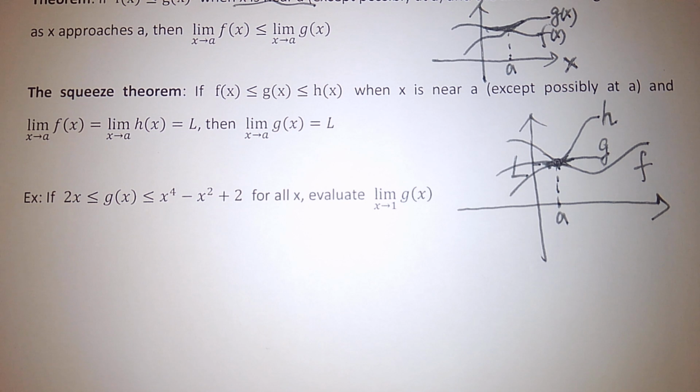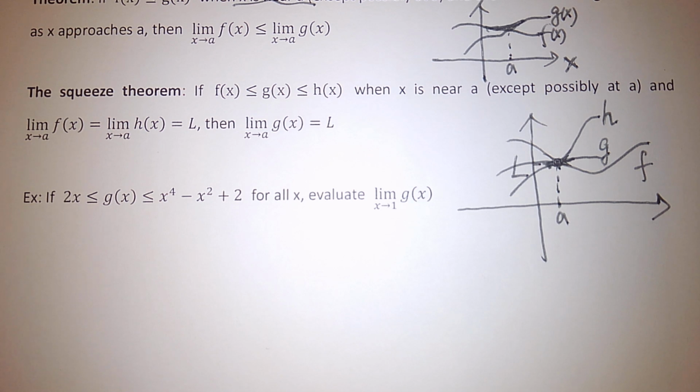Like two breads, and inside there is a meat, like chicken, ham or something. If the limits of these two breads equal the same value L, then it squeezes the middle function, so it has the same limit, which is also equal to what? L. That makes sense, right?